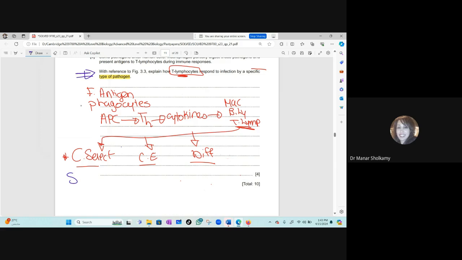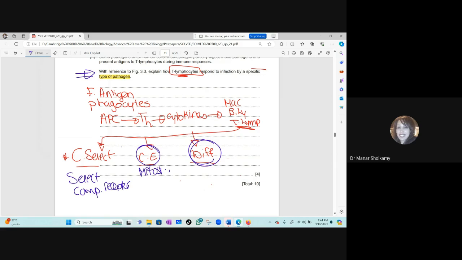Very good. You will select the specific T lymphocyte that has a complementary receptor. And after I select, what will happen in clonal expansion? They will divide by mitosis to form more of them. After I divide by mitosis, it will differentiate.